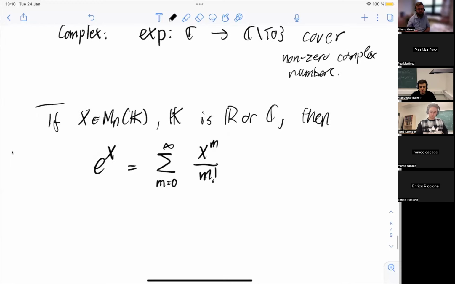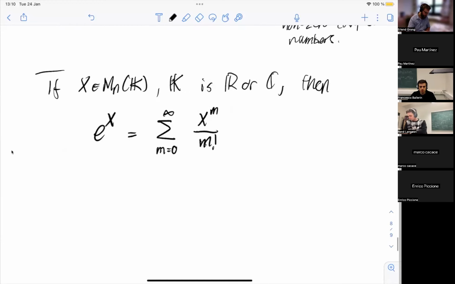So it's the same formula, the same computation with matrices, and then we have the following theorem.